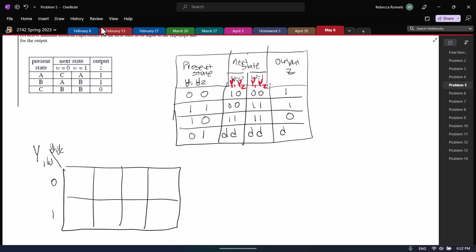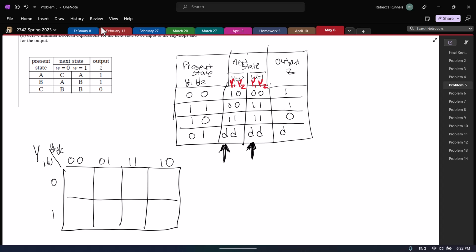So w0, w1, 0, 0, 0, 1, 1, 1, 1, 0. Now I'm just looking at y1. That means I'm just looking at the first column in my table here that's representing y1.